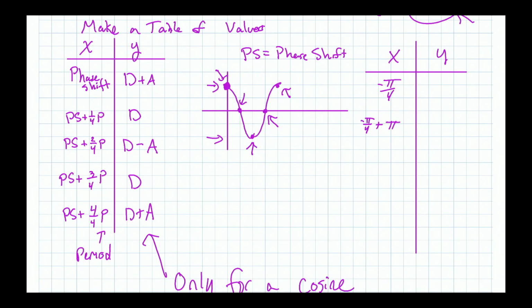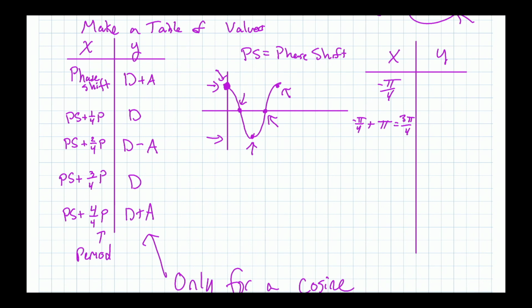All right? Now you can add those together and get a number. What is it? It's going to be 3/4 pi, it looks like, right? Pi minus a quarter pi, 3/4 pi.